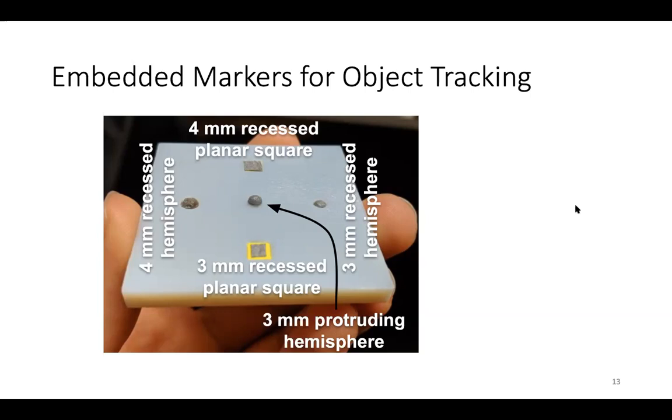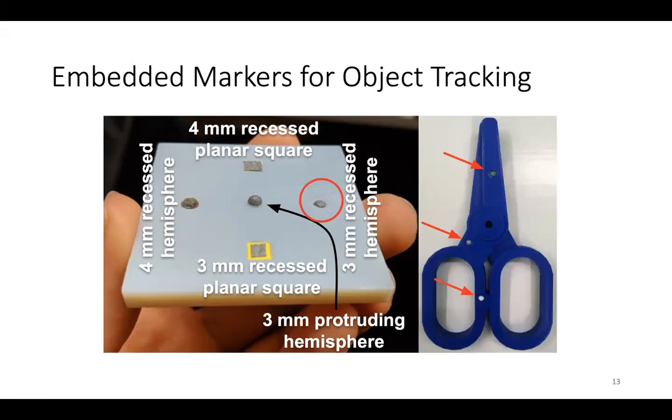So we tried various combinations and actually settled on using the fact that we are 3D printing our own objects. We cut these cylindrical recesses in the object surface while 3D printing, and then these hemispherical markers fit nicely into that. The hemispherical nature is also important for good tracking performance because these markers are typically highly reflective along the surface normal.